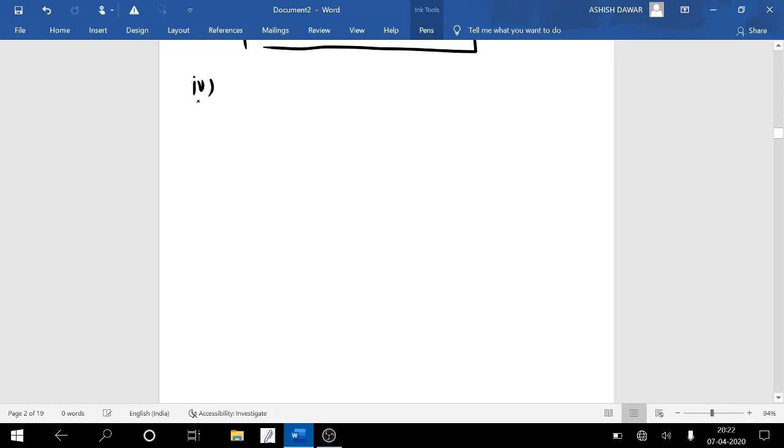So boundary condition 4 implies 1 upon mu1 V1 parallel equals 1 upon mu2 V2 parallel.